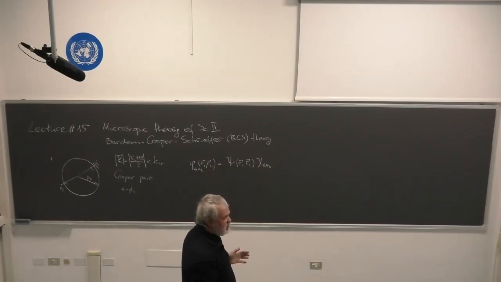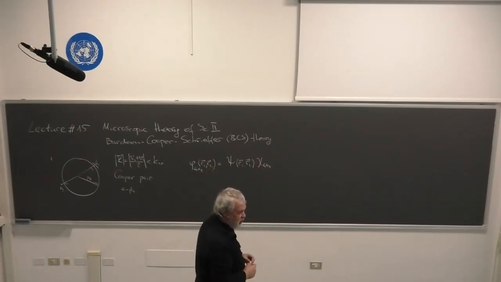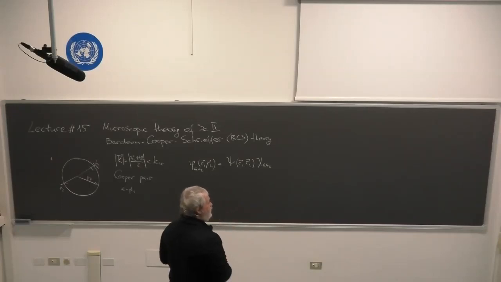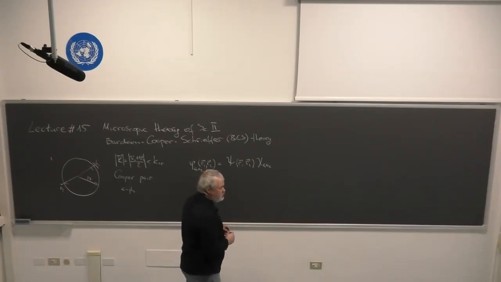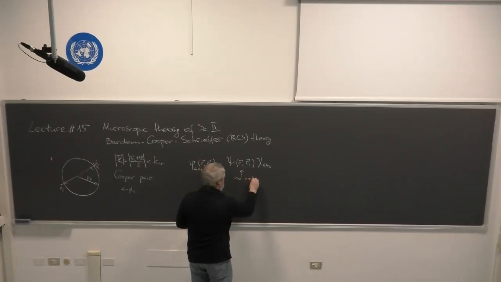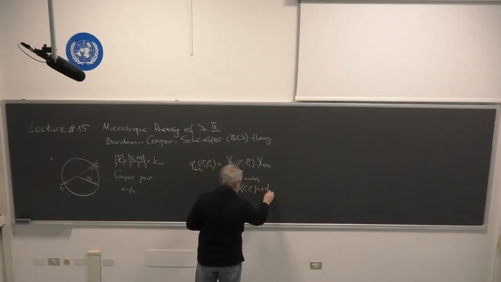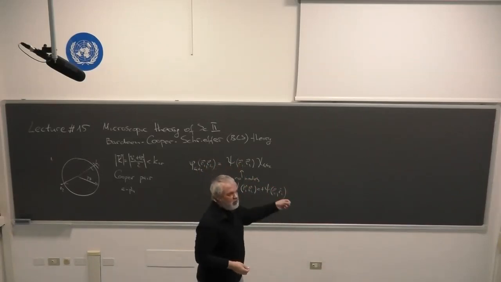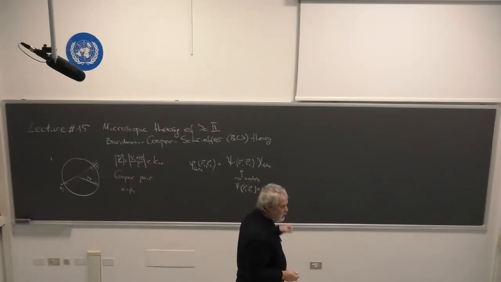We consider this situation without magnetic field, and we said that according to a very general theorem of quantum mechanics, the wave function of the ground state should not have nodes. This is what is called s pairing, no nodes. Since this function doesn't have nodes, it should be symmetric: psi(r1, r2) is equal to plus psi(r2, r1). Otherwise, you will have a point where the wave function is equal to 0 and changes sign.